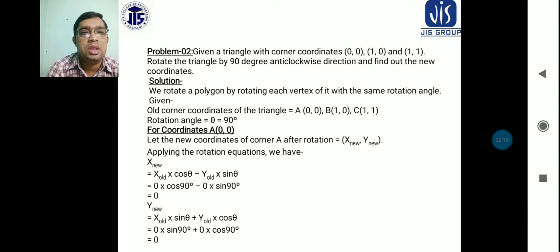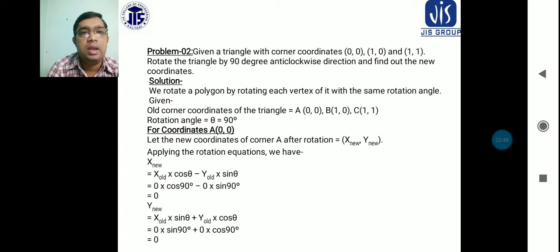Applying the rotation equations, x new equals x old times cos theta minus y old times sin theta. Putting in x equals 0, we get 0 times cos 90 degrees minus 0 times sin 90 degrees, which is 0, because the x and y values are 0.